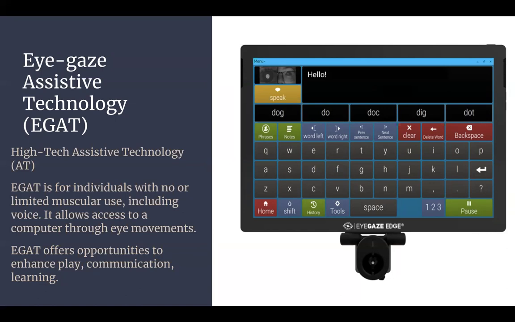Students who do not have the use of their hands to point or their voice for any sort of verbal communication or interaction. It allows access to a computer through eye movements. And so this offers opportunity to enhance play, communication, and learning.